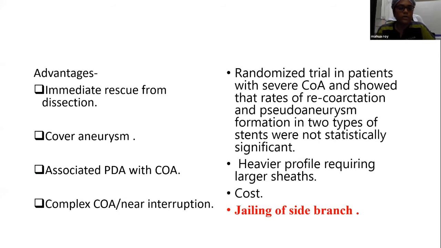It can rescue us from acute rupture or acute dissection. And sometimes in complex coarctation or near interruption, this is the treatment of choice, the stent of choice. But it is not devoid of disadvantages. Due to its heavier profile, it needs larger sheaths, and we need to take care of jailing of side branches.